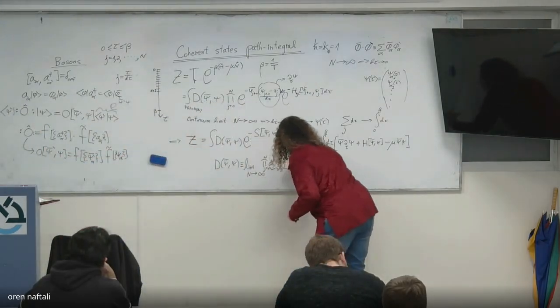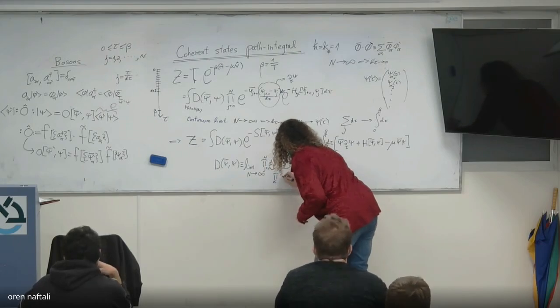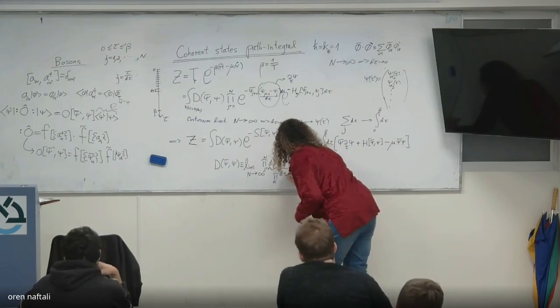This little d is itself a product over all alphas of d psi j alpha.